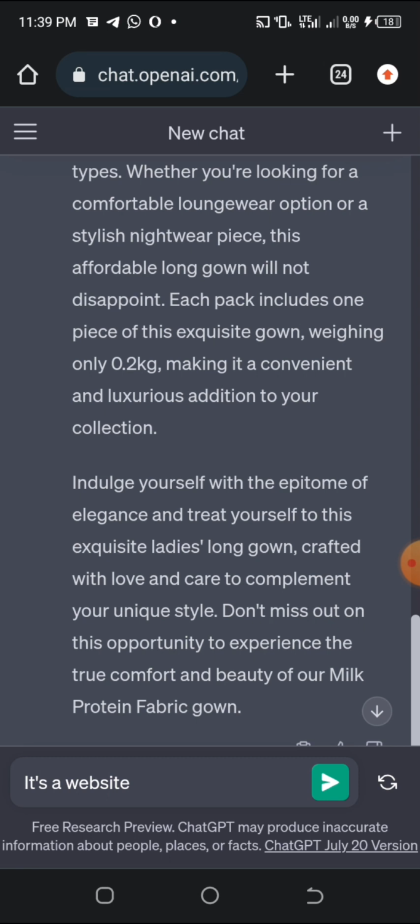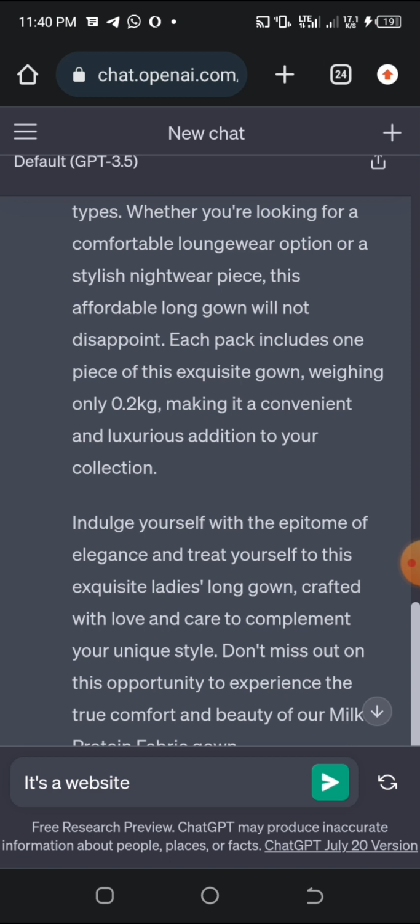Then you copy it, and then you might save it if you have quite a number of products that you want to write for. Just copy it and save it somewhere, and then when you get into your store, you just begin to paste the description into your product description. And also, even if you don't know the headings, let's say the product headings that you want to write into your store, you can also tell ChatGPT, "Give me a product heading for this my product," and you tell it the keyword that you want it to put into the heading.